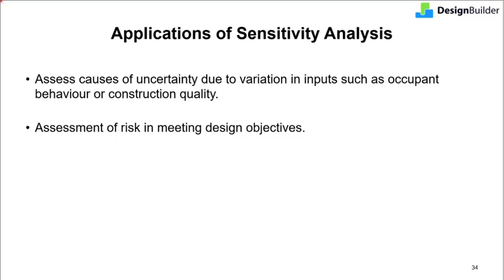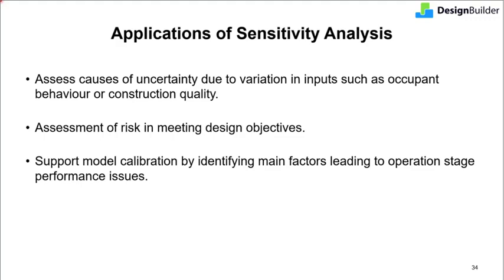It can be used in risk assessment to achieve design objectives and if there are any preset performance targets. It can also support model calibration by identifying the main factors that lead to operation stage performance issues.